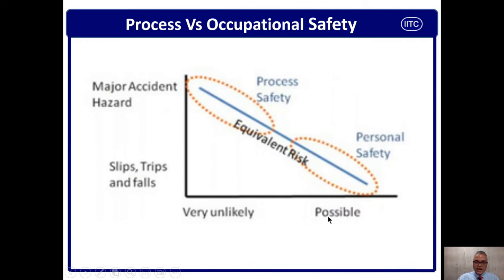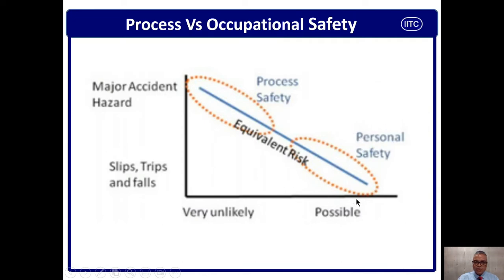And in the x-axis this is the likelihood or frequency. In the beginning this is very unlikely, and then there is a high possibility. If you refer to this slanting light blue line, here it is personal safety, meaning occupational safety.